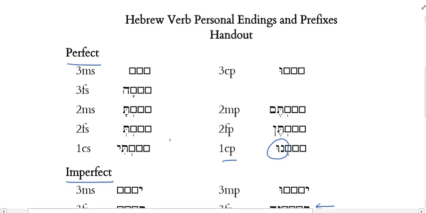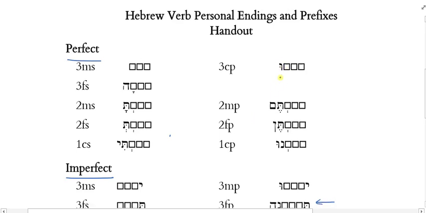It's only in the 3CP form, right? Now, what about the first common plural? That's got a shurik at the end, doesn't it? That's right, but nu and shurik are both together part of the personal ending. It isn't just shurik, okay? So you got to watch that. If shurik comes after root 3, then it's not a first common plural, right? It's just a third common plural.